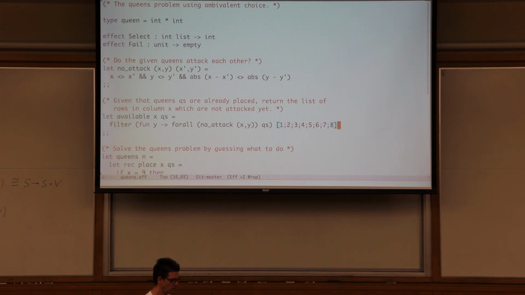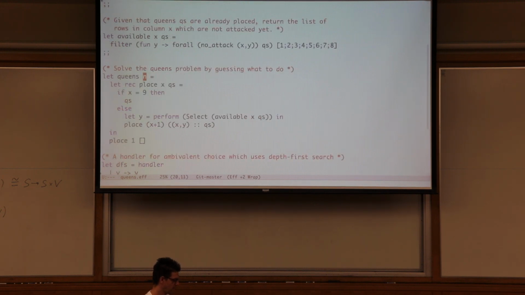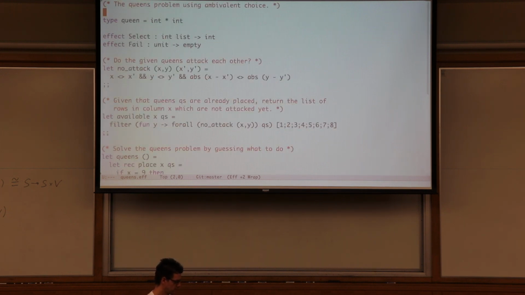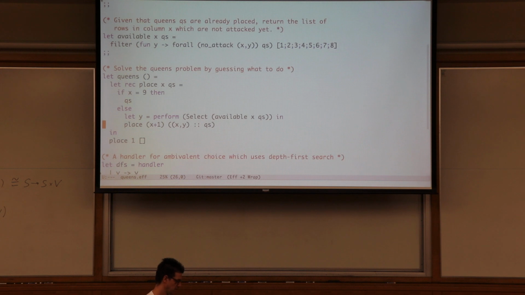Apparently this is doing only queens up to 8, which is rather embarrassing, because this n here doesn't actually do anything. There we go. Okay, so no n, 8 queens. We can do 8 queens. So this one says filter the list 1 to 8 and take those Y's which are not attacked.